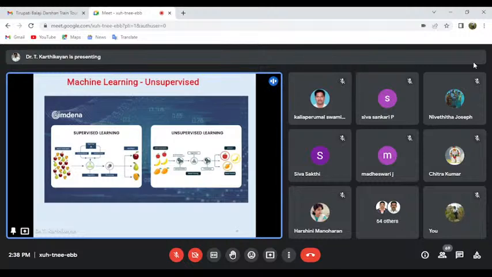What if the machine can look up and analyze big data running to several gigabytes or terabytes? The system by itself can do the supervision. That is nothing but unsupervised learning. As an example, consider the voters data. In our country, it is in crores, so this voters data cannot be monitored by humans.